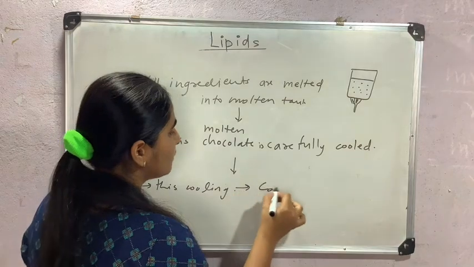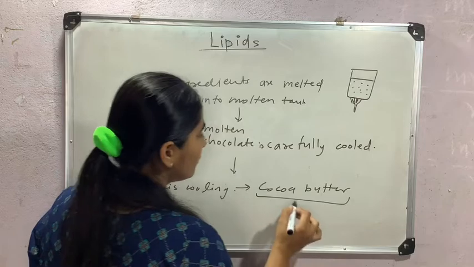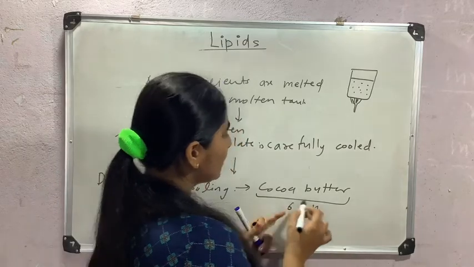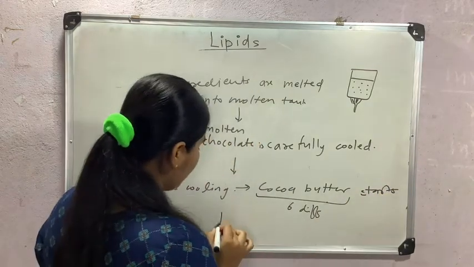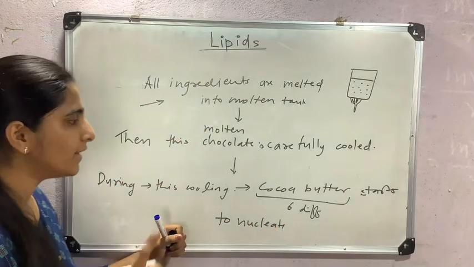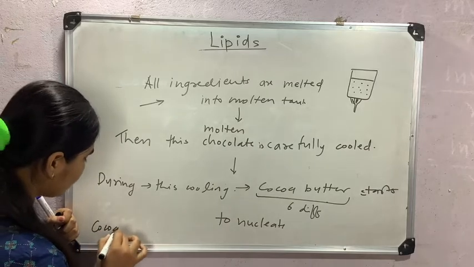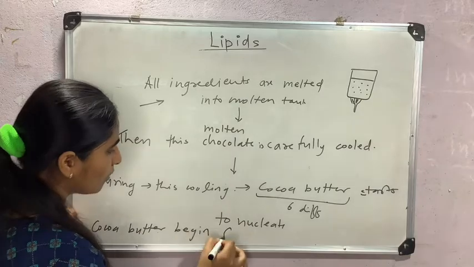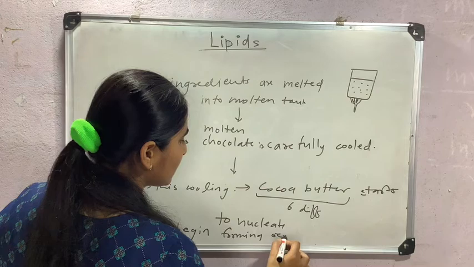cocoa butter, I told you this cocoa butter has 6 different phases. This cocoa butter starts to nucleate, or you can say this cocoa butter begins forming seed crystals.